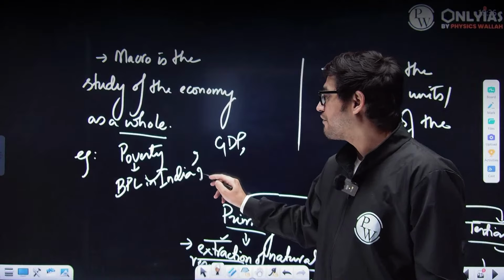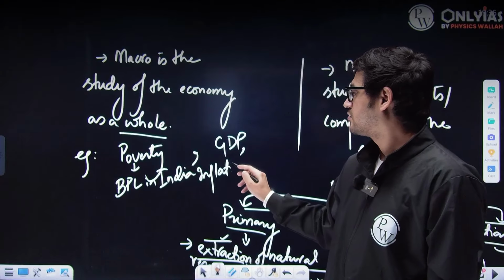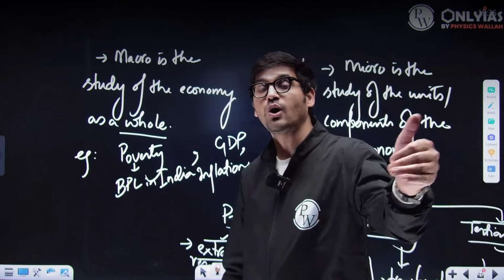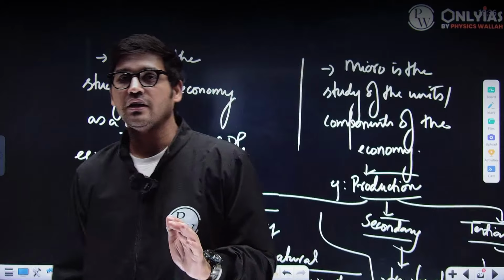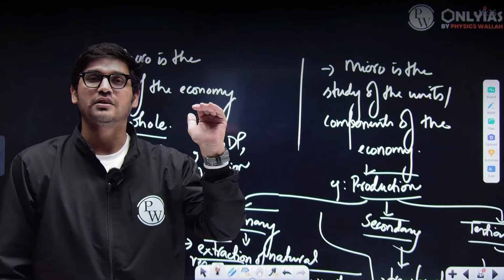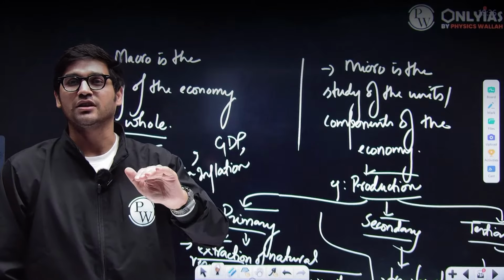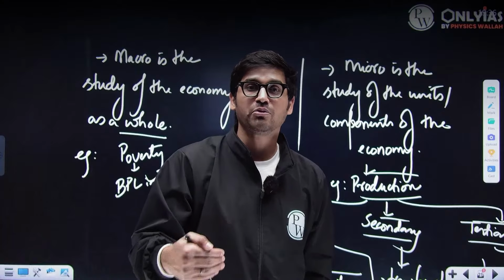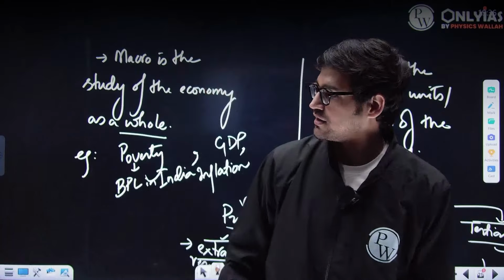When I say inflation, inflation is not the rise in prices of one or two items. Inflation is the rise in the general price level of an economy. Inflation concerns the entire economy, so I am talking macroeconomics.